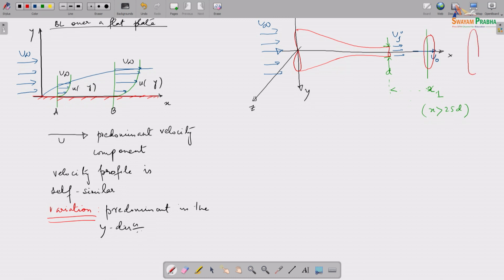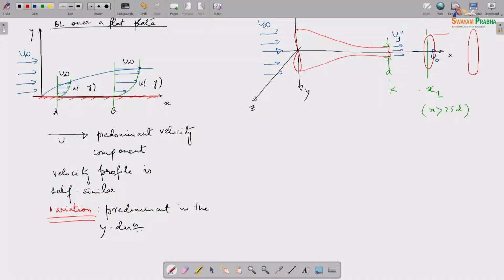Further down you will have something like this, and you can see that this also changes as we go along x. So this is the jet spread, the jet half width, which is r half.